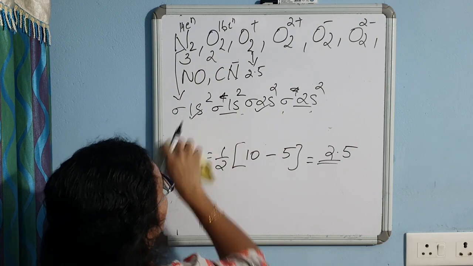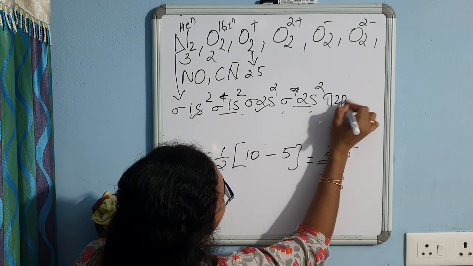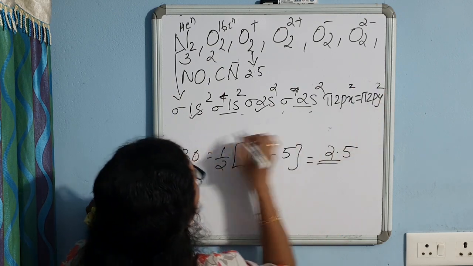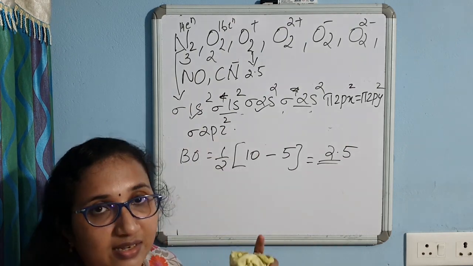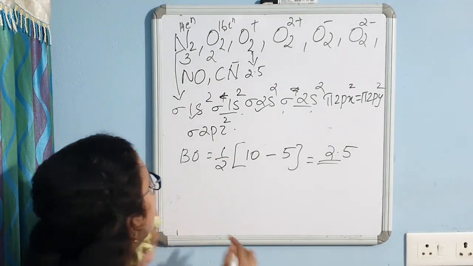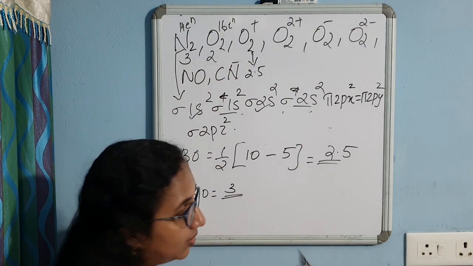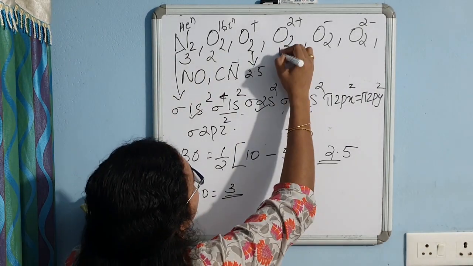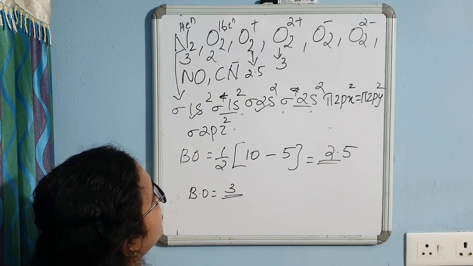The configuration will become sigma star 2s2, then we have pi 2px2 equal to pi 2py2, then sigma 2pz2. That means its configuration is the same as that of nitrogen. So bond order will be the same as that of nitrogen, that is 3. We have already calculated the bond order for nitrogen. So for O2 2 plus, since it is isoelectronic with nitrogen, the bond order is 3.